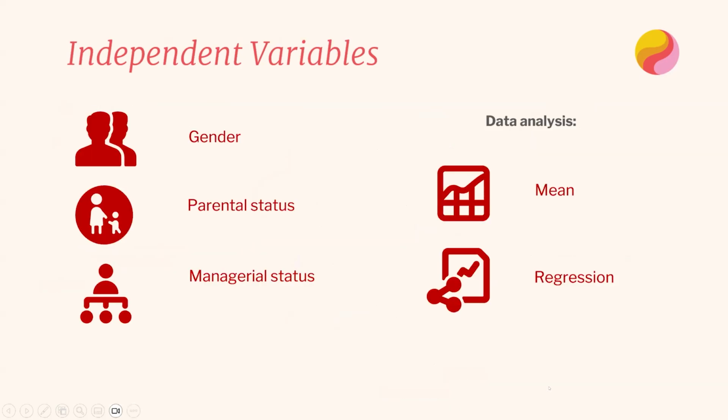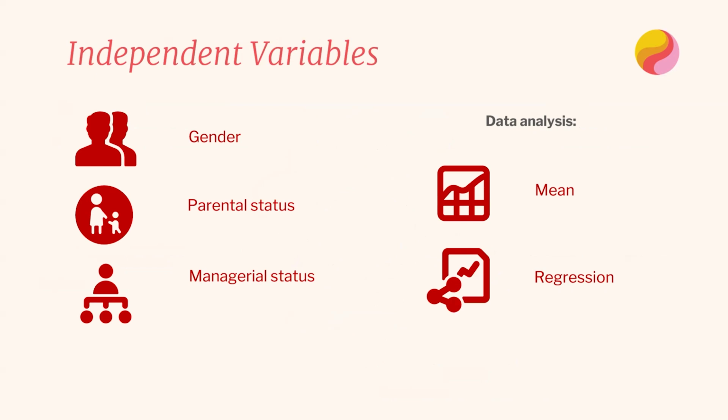Next slide, please. As for independent variables, we took into account several demographic variables. It's gender, parental status, that is whether someone is a parent or legal guardian of children under 18 or not, and managerial status, comparing managers with non-managers.